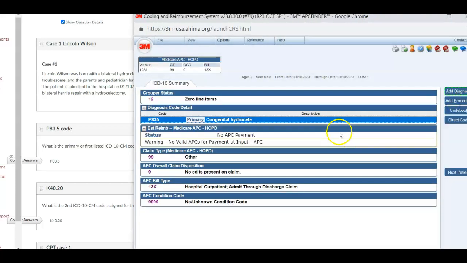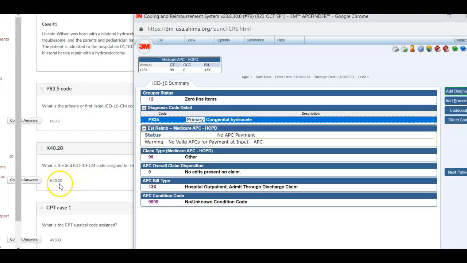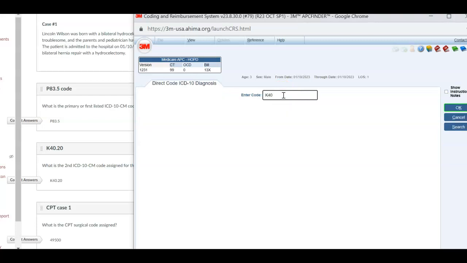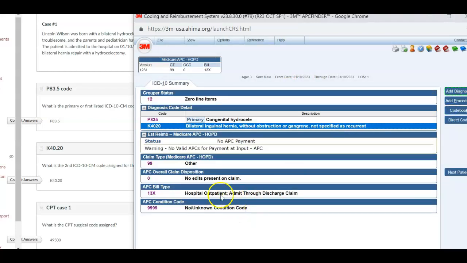So we're going to put our P83.5 in, congenital hydrocele. Okay, so with that, we also have our next diagnosis, which is going to be K40.20. Some of you had 21, and I'll explain that.